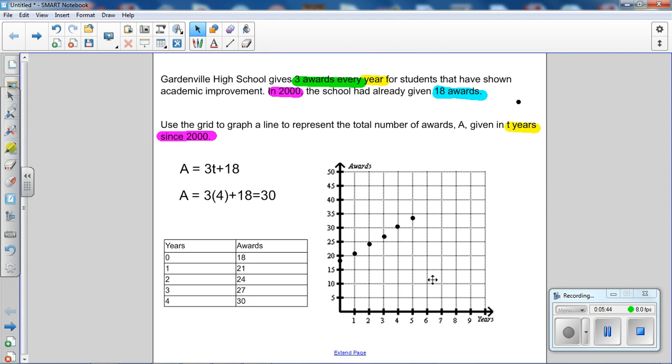Year 6 will be about 36, a little above 35. In year 7 it'll be about 39, and in year 8 about 42. In year 9 we get about 45, which will be directly on the line.